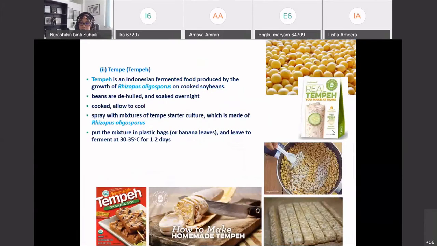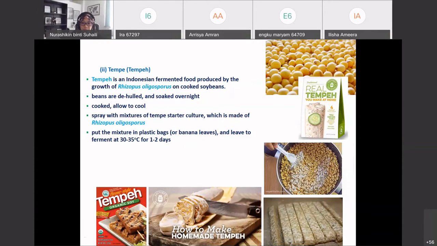Then in the Southeast Asia region, in Indonesia or Malaysia, what is common to us is tempeh. Tempeh is made from cooked soybeans, where Rhizopus oligosporus is grown on it. After a certain period of time, you'll get tempeh.